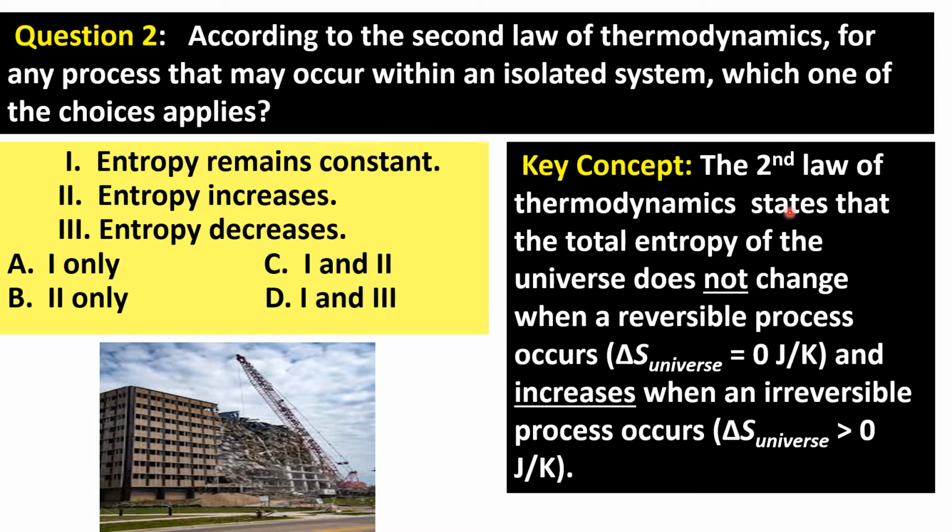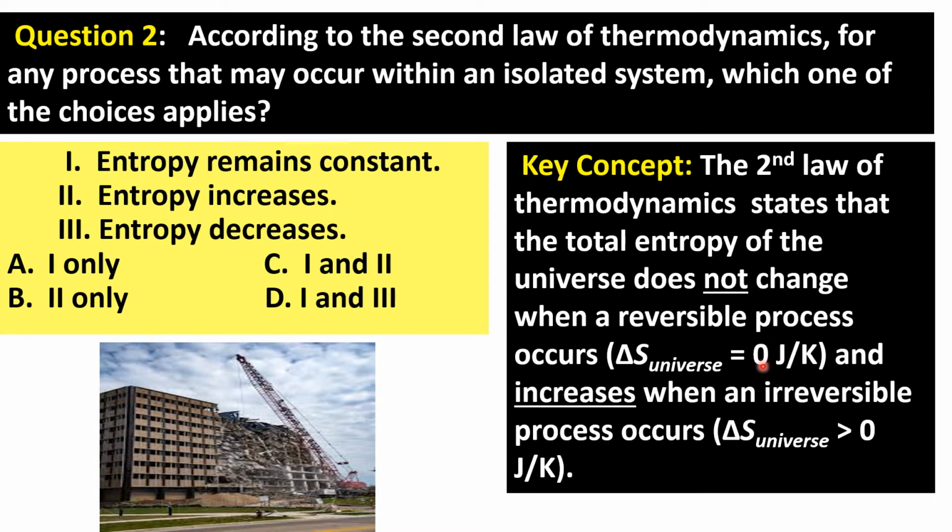It is the second law of thermodynamics, which states that the total entropy of the universe does not change when a reversible process occurs. We stated this earlier, that the change in entropy of the universe remains constant, meaning there is no change. Delta S is equal to 0 joule per Kelvin.